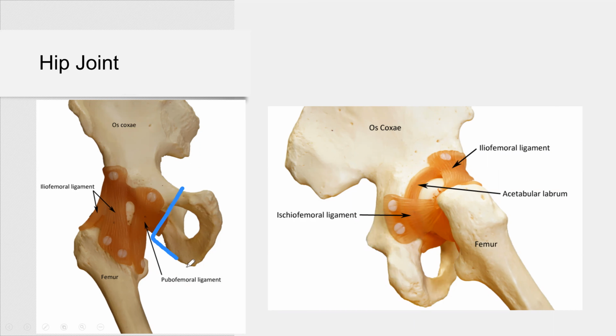And this bone over here is your pubis. So here we have the names for our ligaments: iliofemoral ligament, pubofemoral ligament, and ischiofemoral ligament, right? And acetabular labrum is fibrocartilage that goes around acetabulum.